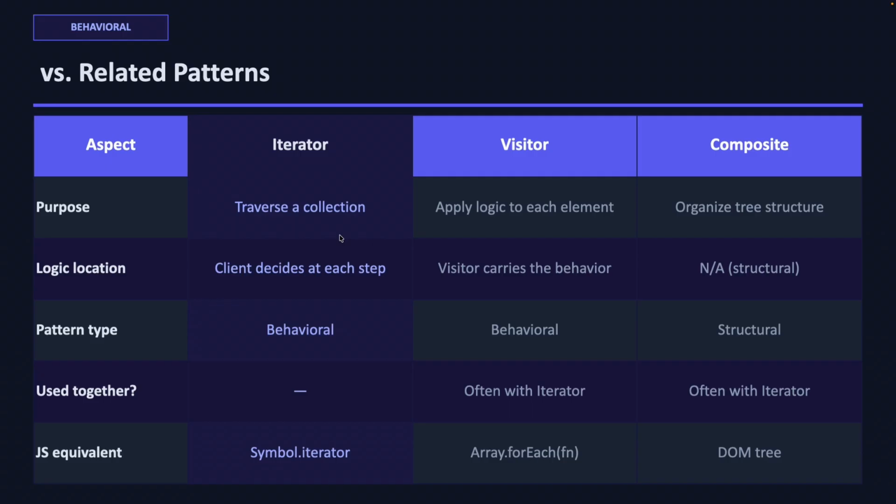Iterator is about traversal. In JavaScript terms, Symbol.iterator is the iterator pattern. Array.forEach is the visitor pattern. And the DOM tree itself is the composite. You often traverse it with an iterator.